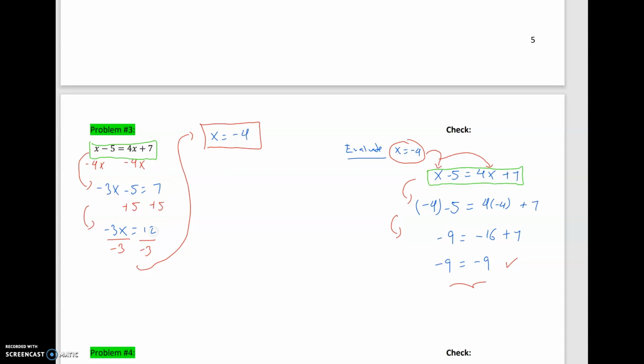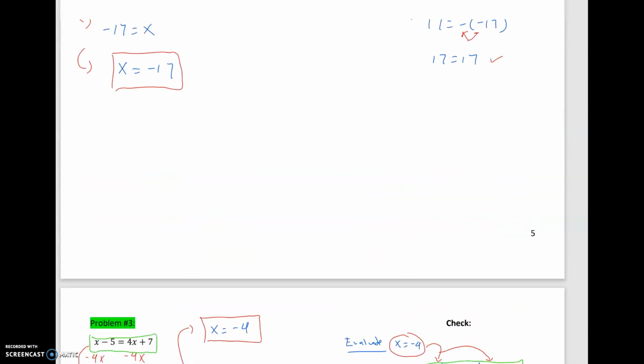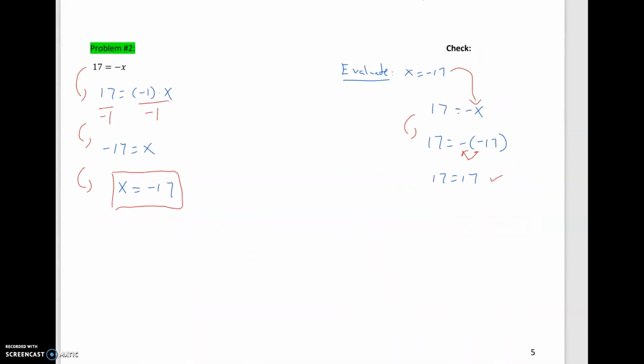I'm saying potential because we could have made a mistake. So here, we're punching it into the original problem. If it's in fact the solution, we expect the true statement, assuming that we're looking at the cases where there is one solution. At the end of this lecture, we'll talk about alternative cases that show up when solving equations, but at the moment, all of these are going to give us a single solution.